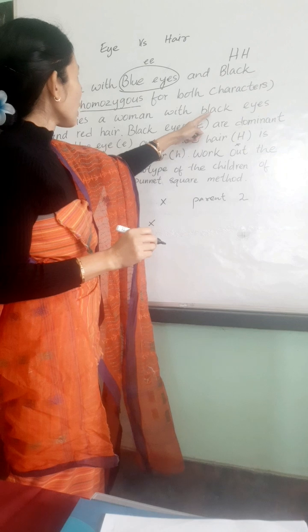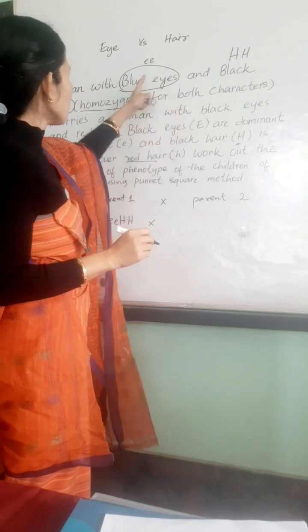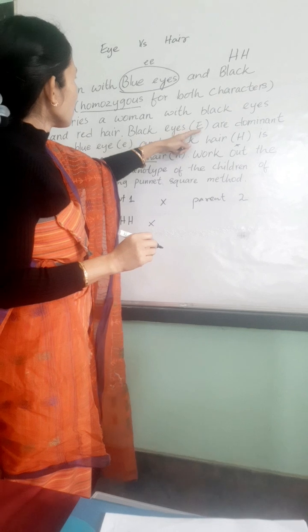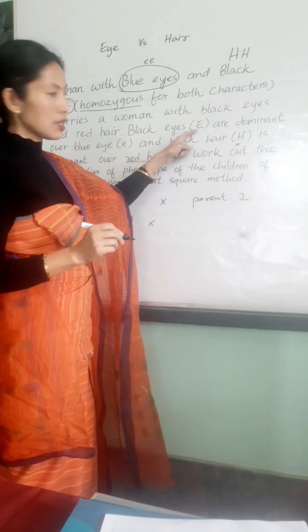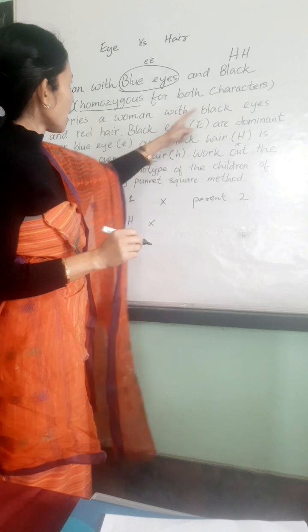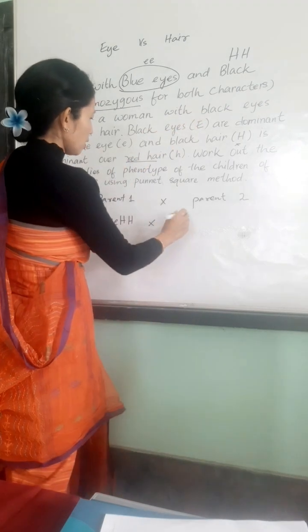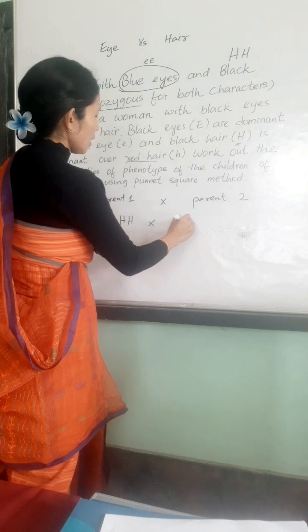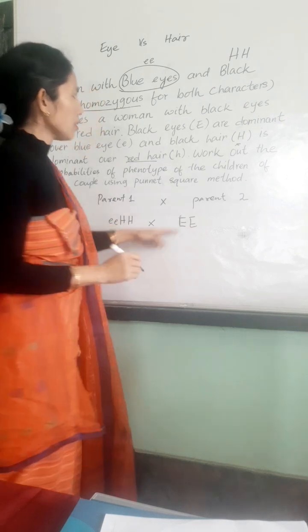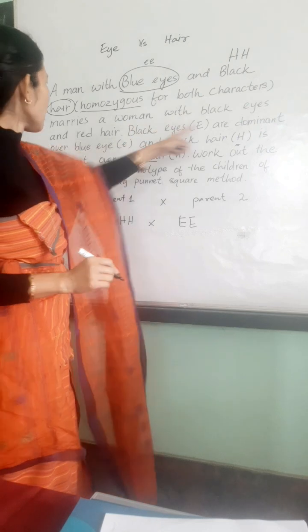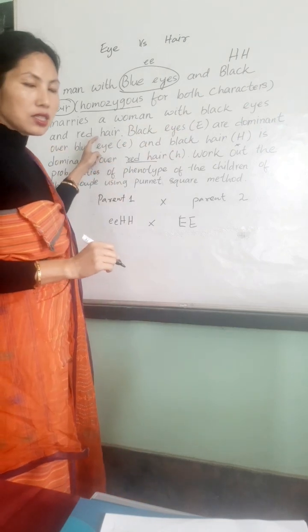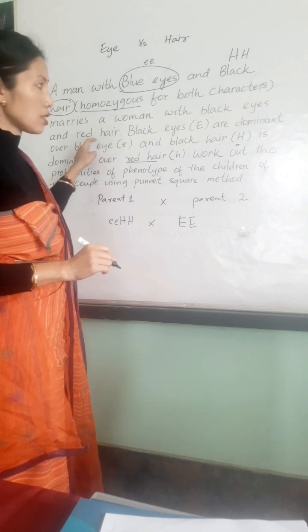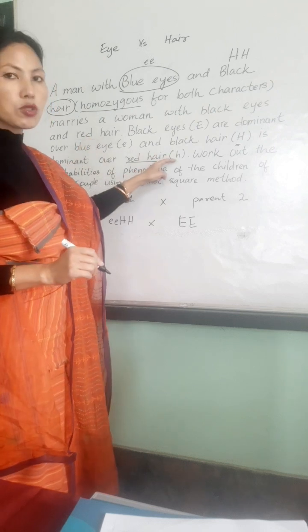If blue eyes is small e, then black eyes is capital E, so capital E and capital E for black eye. For red hair, since the color is recessive, it will be denoted with small h.